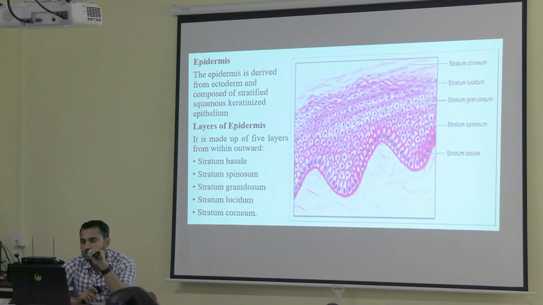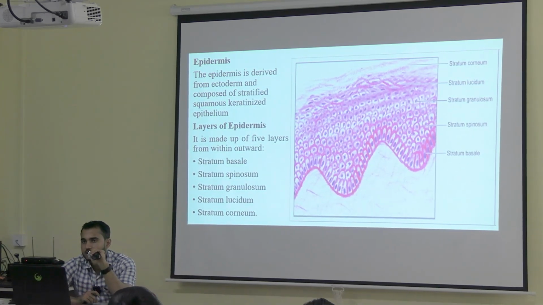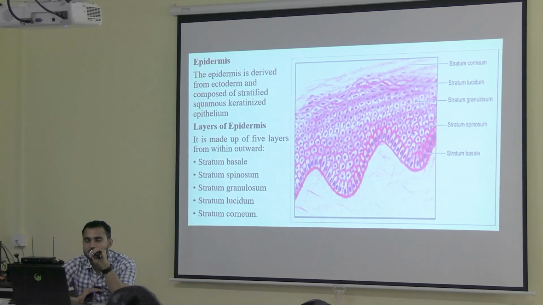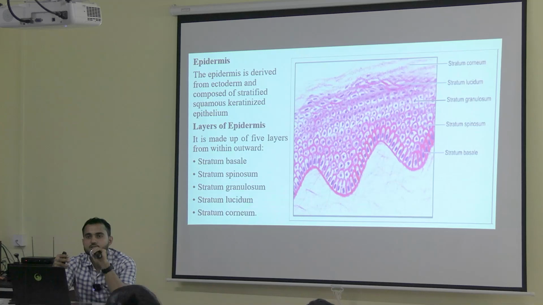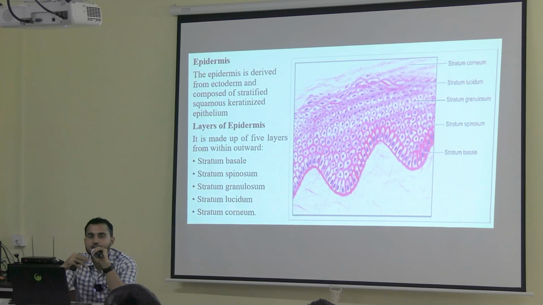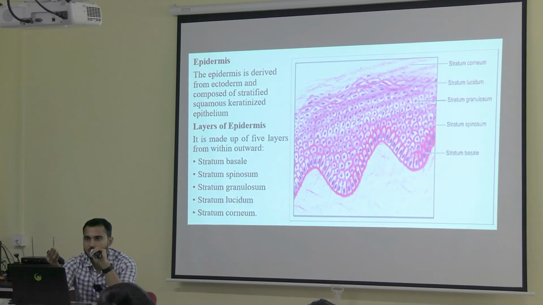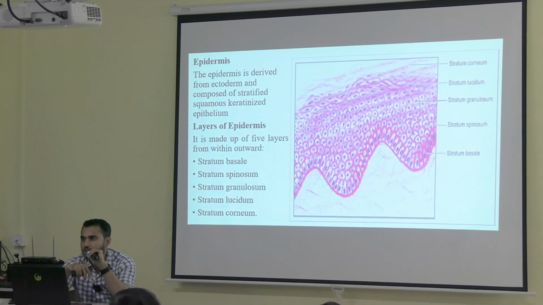Now, what is the main function of the stratum basale? It acts as a stem cell layer. That means continuous mitosis is going on, and if the surface cells or other cells are shed off, new cells replace them, and that replacement is done mainly from the stratum basale layer.